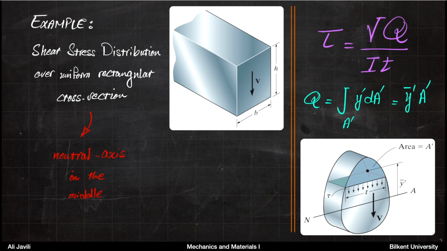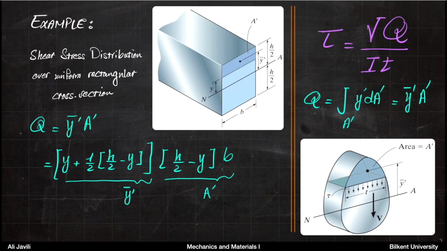For this picture, we know that the neutral axis is exactly in the center. So it's a symmetric cross-section. We want to solve this problem exactly using what we have on the right-hand side of this slide. All right, so basically what you want to do is first to calculate Q.